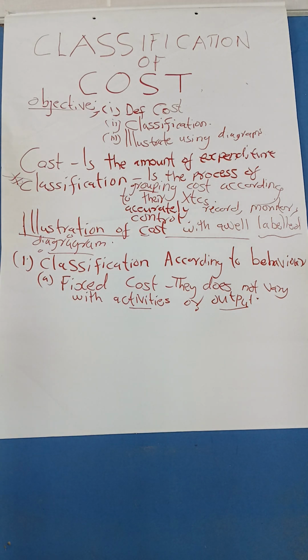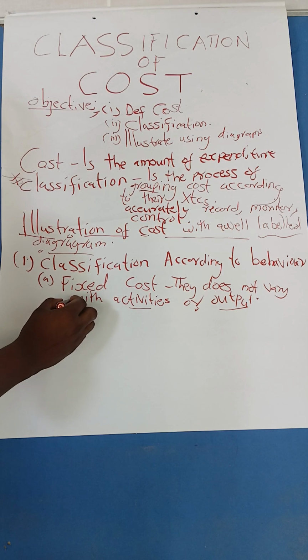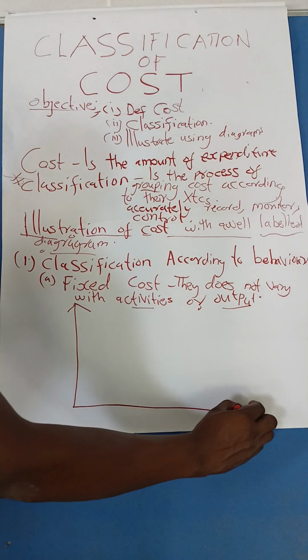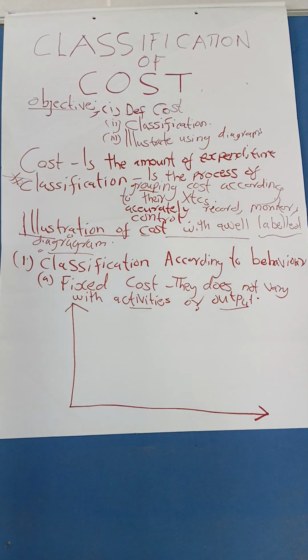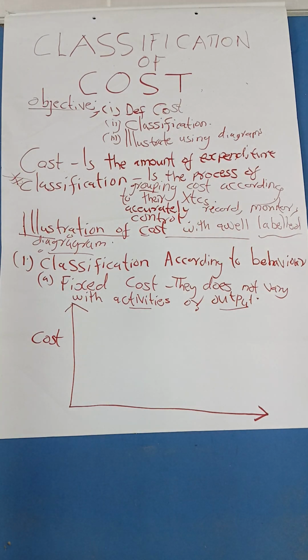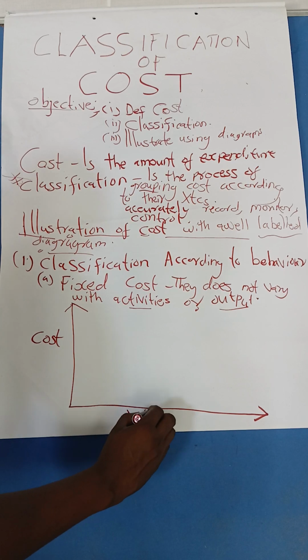One, fixed cost. And in case they have asked you to use a diagram to represent fixed cost, it's very, very easy. You just draw that way, fixed cost, and then we say, let this one be cost. Then this one will be activity, anything that we are doing in that business.